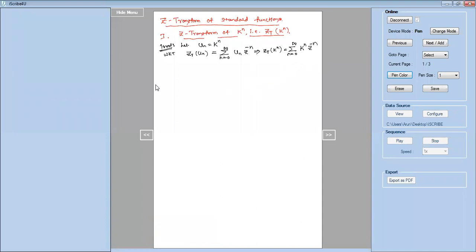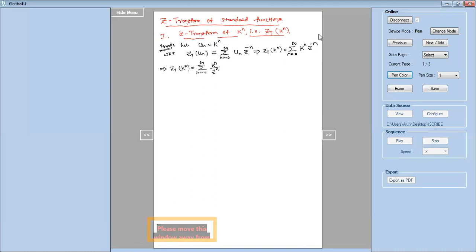So how to simplify this? Just see this one. This implies Z transform of k power n equals sigma n is equal to 0 to infinity, k power n. Shall I write this z power minus n as 1 by z power n?